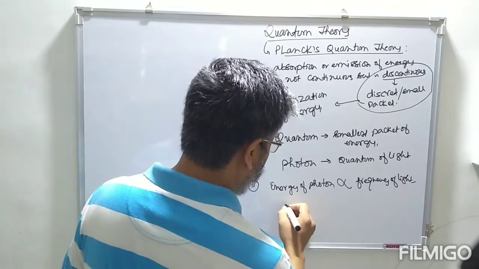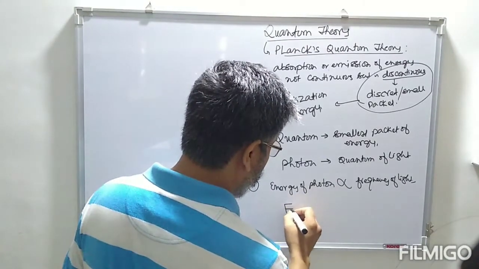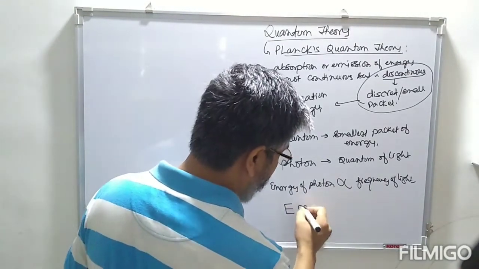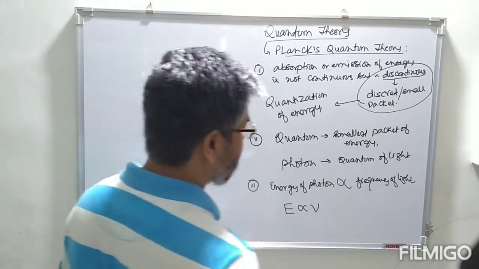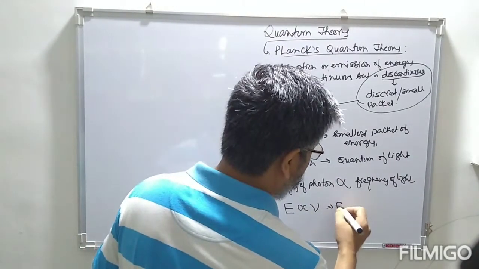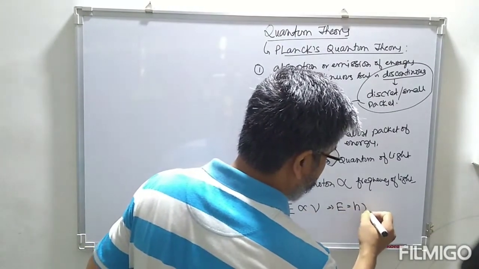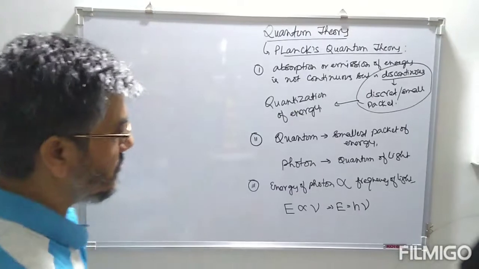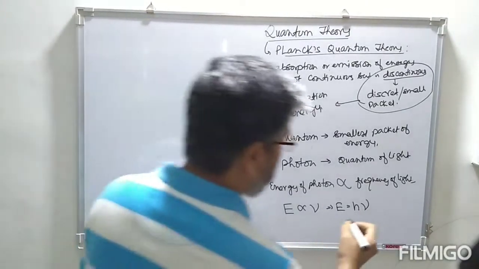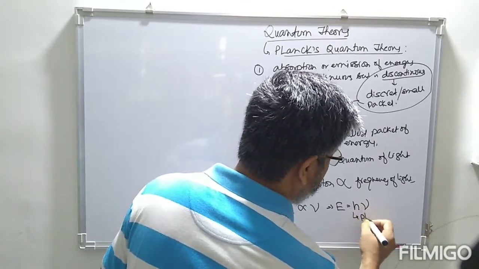That is, the energy of a single photon E is directly proportional to the frequency of light. So therefore, look at this. We remove the proportionality sign, then a constant comes, that is E equals h nu. So this h is known as Planck's constant.